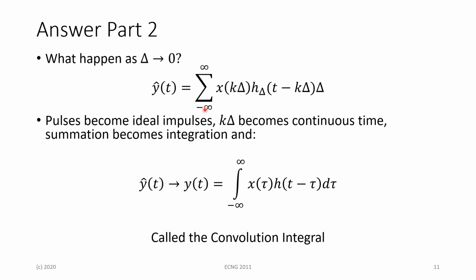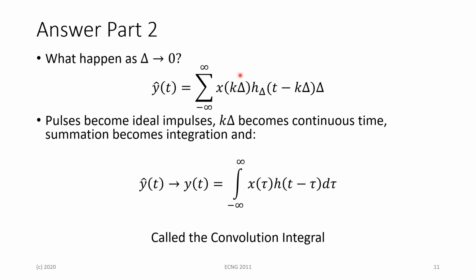So in this case, this capital delta moves towards d tau because we're moving from discretized time, being a summation series, to continuous time, represented by an integral instead. So the limits of the summation series also transfer over to the integral evaluation, going from negative infinity to positive infinity.